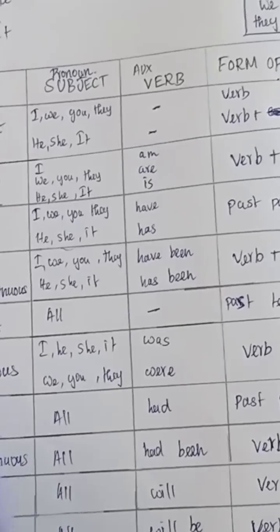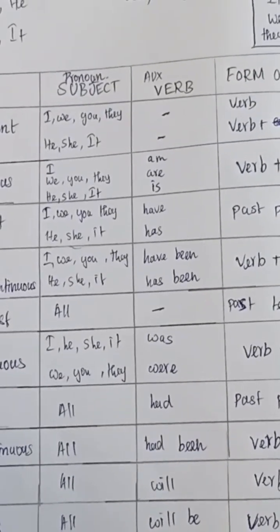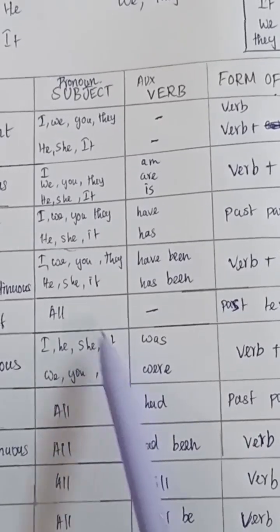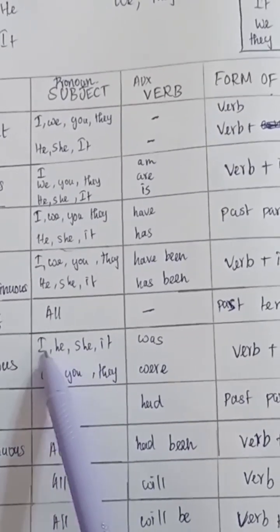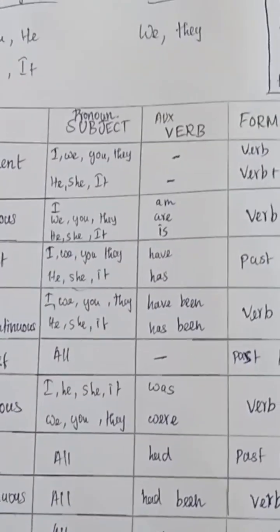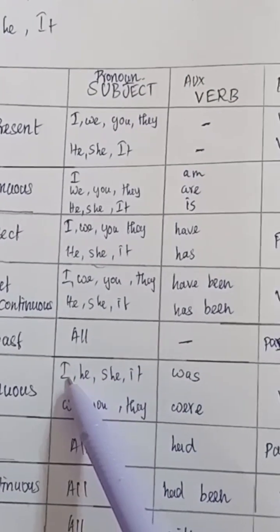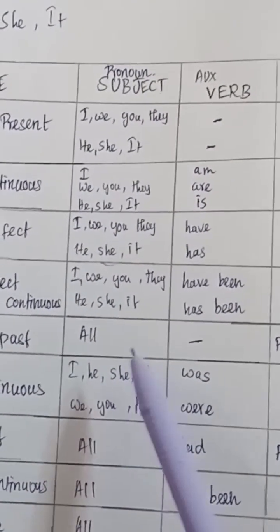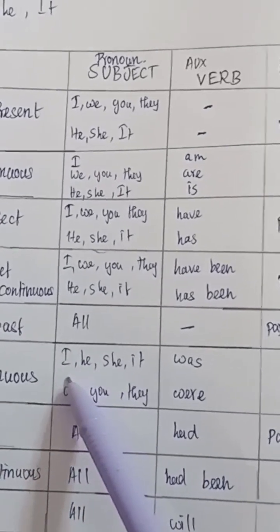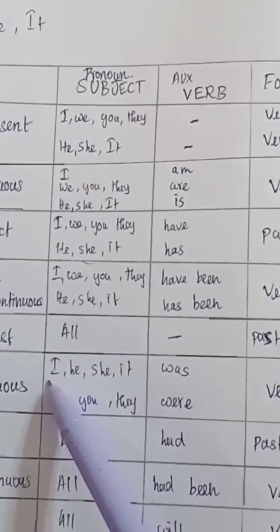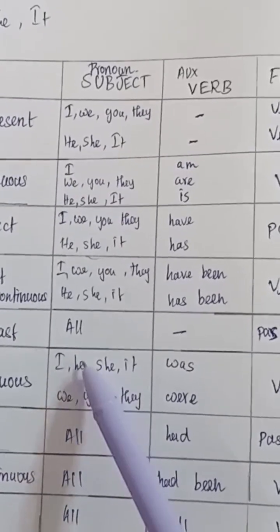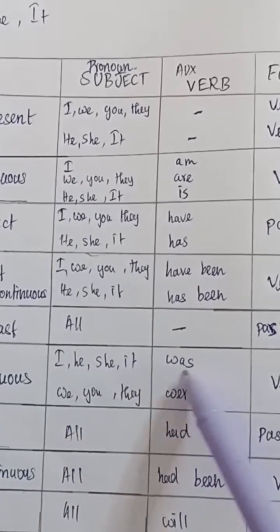So the next tense is past continuous. Past continuous is I, he, she, it, the same thing, but here we are able to see that I moved from here to here. Why? Because it is first person, and it can be joined with these both, and we can write it as was.